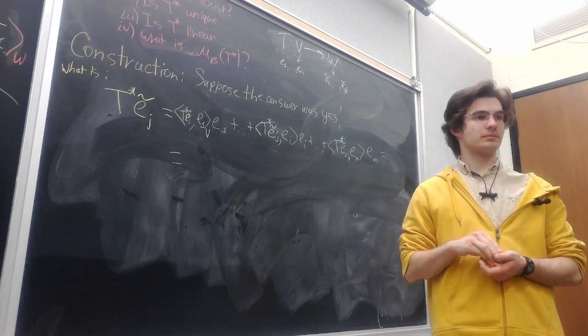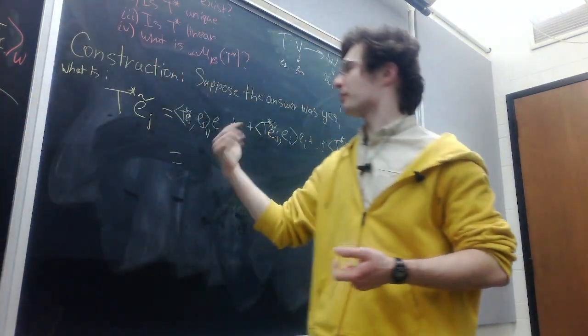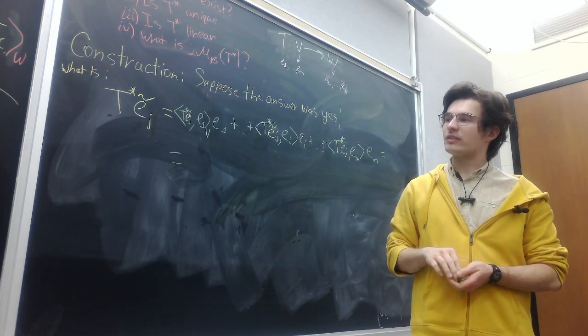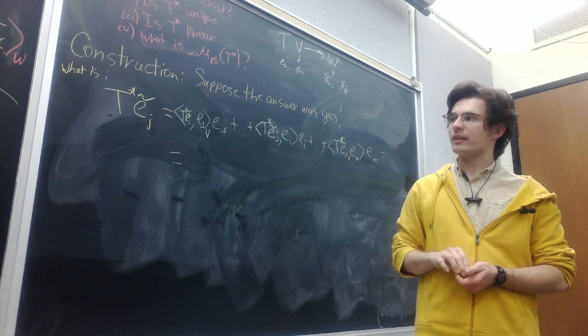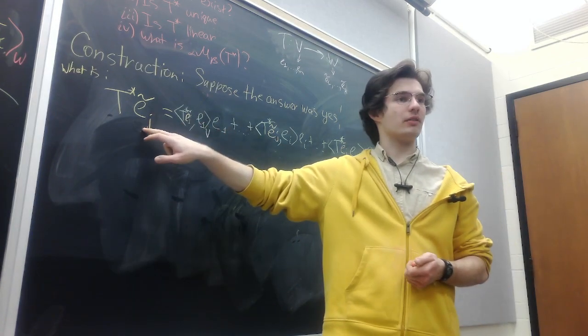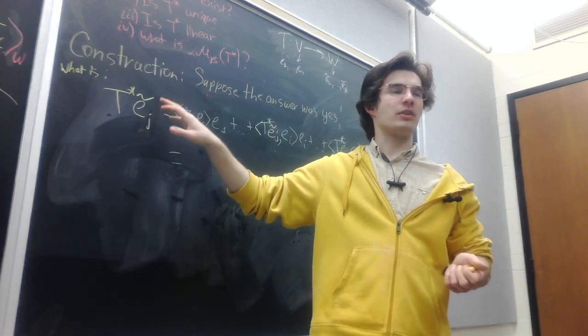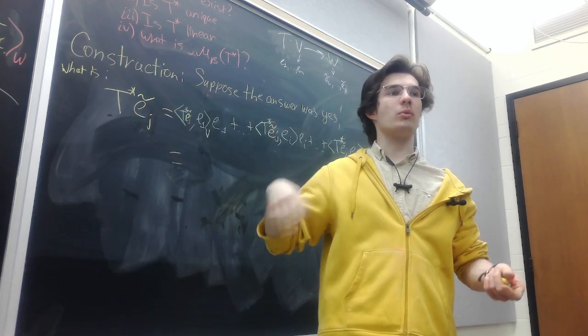What are you trying to do again? So I'm trying to somehow use this property and apply it to this formula. Well, what are you trying to get out of that formula? We're trying to find a way to figure out what this should be. Right now, we don't know if this is even defined. So we're saying, suppose it was, what would it look like?